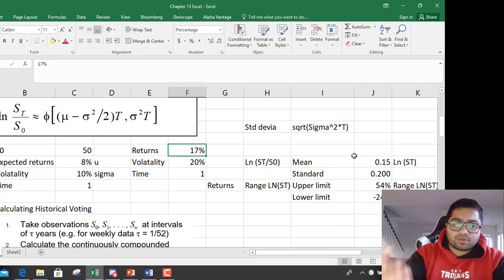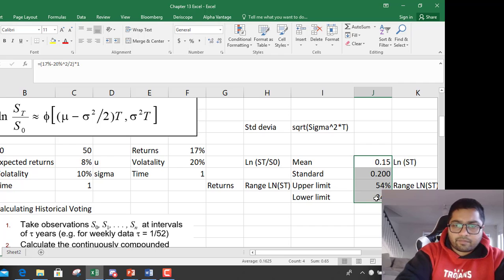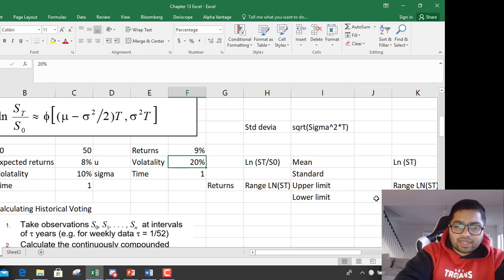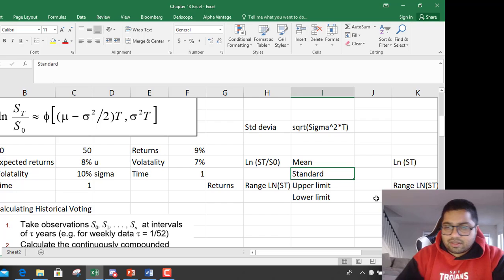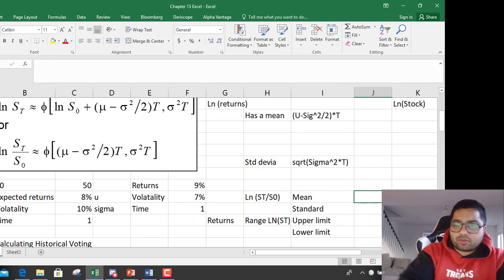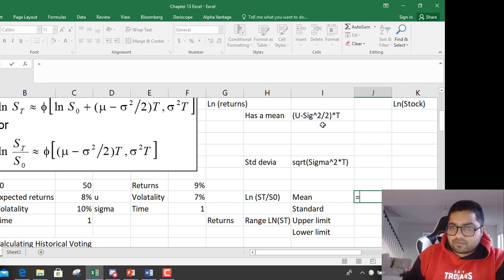So let's do one more. Assume I'm deleting this. Let's assume the returns are 9%. The volatility of stock is 7%. Time is, let's assume, 1. So first step, find out mean. How to find out mean? Use this formula.